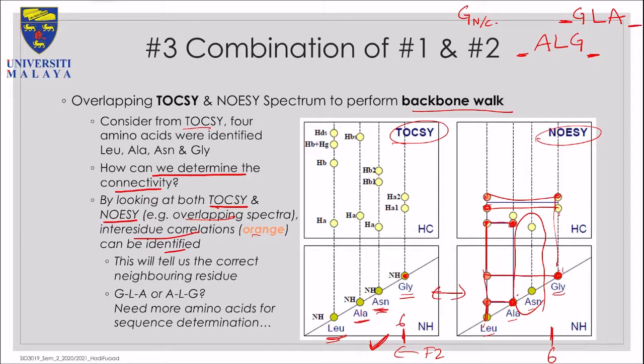Finally, just based on this, you know that your sequence can either be GLA or ALG, because you know that G is not adjacent to A, that's for sure, and L is adjacent to both G and A. So you can have either of these two sequences. Okay, so that is the basic information whereby you can use this.